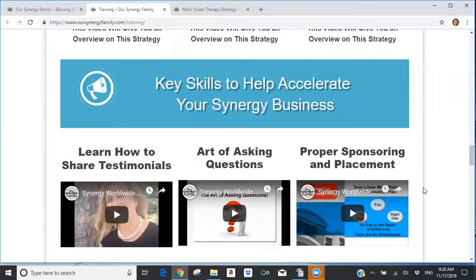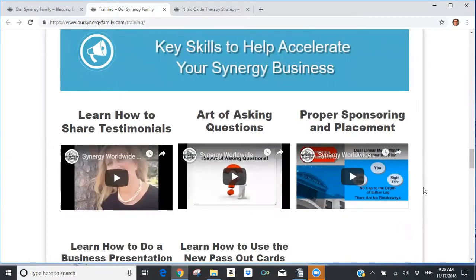So part of the implementation process is having some key skills to help you accelerate your Synergy business. One of those key skills: learn how to share your testimonial. Not a testimonial that runs 5-10 minutes long and puts people to sleep, but a 30, 45, no more than a minute testimonial that is impactful, that has people wanting to know more information.